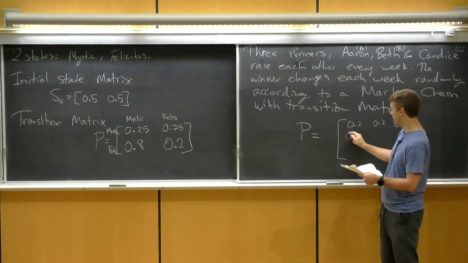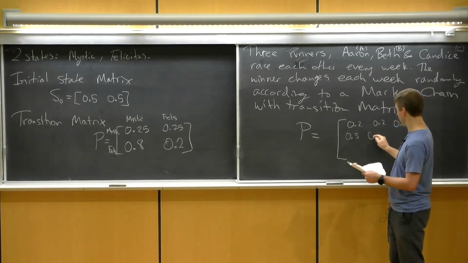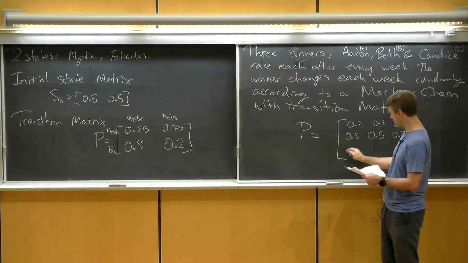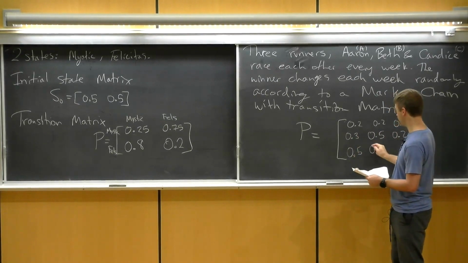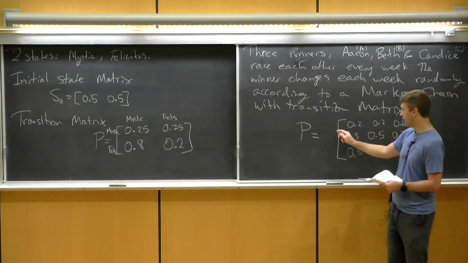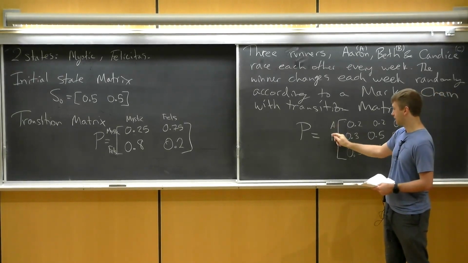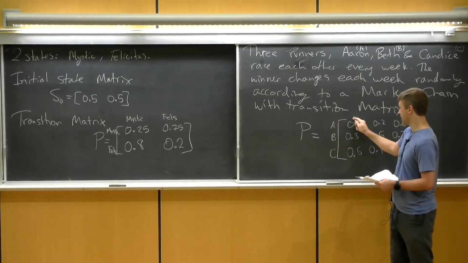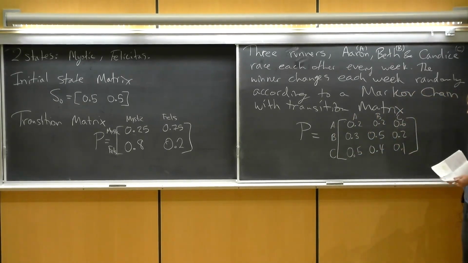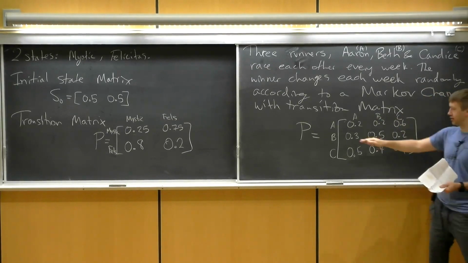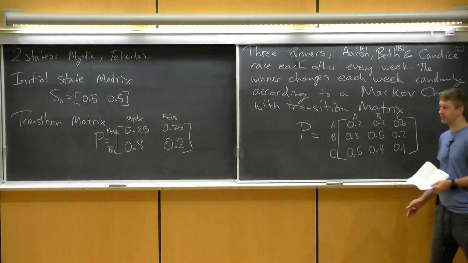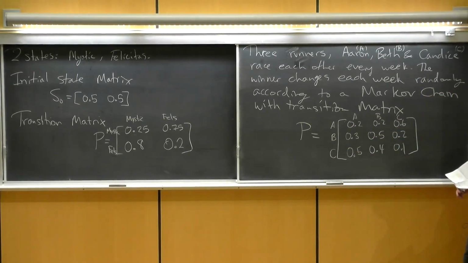Then we've got 0.3, 0.5, 0.2, and 0.5, 0.4, 0.1. Okay, and we're going to think of this as the states ordered A, B, C, corresponding to Aaron wins, or Beth wins, or Candace wins.